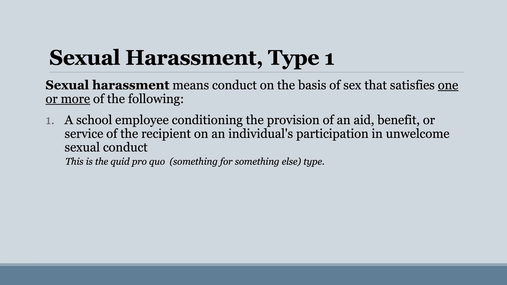The first definition, we're going to refer to it as sexual harassment type 1, is conduct on the basis of sex that satisfies one or more of the following. And the first one is a school employee conditioning the provision of an aid, benefit, or service of the recipient on an individual's participation in unwelcome sexual conduct.